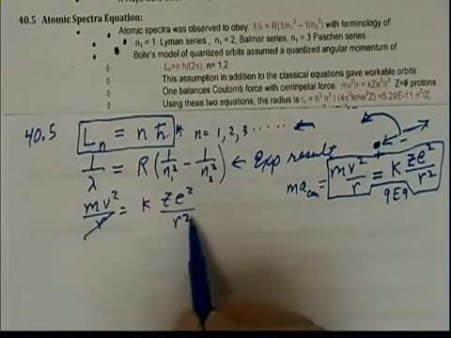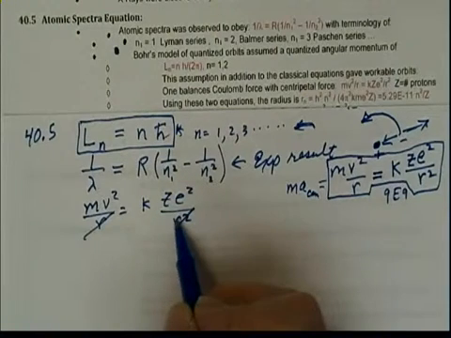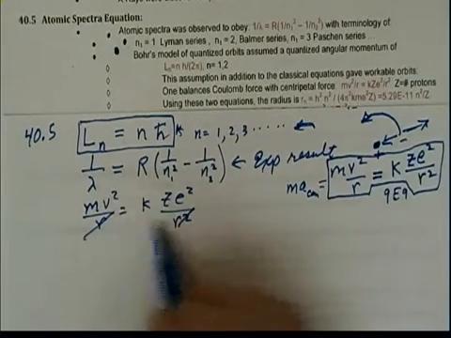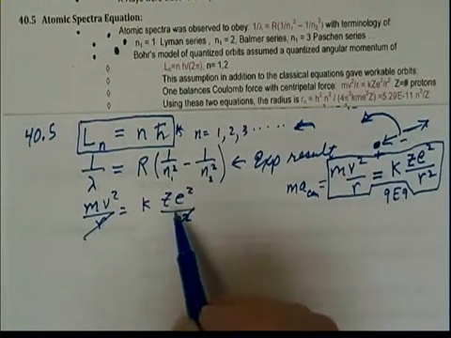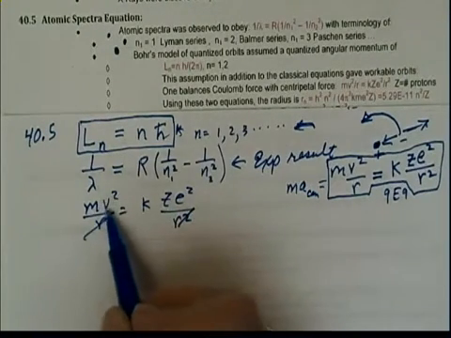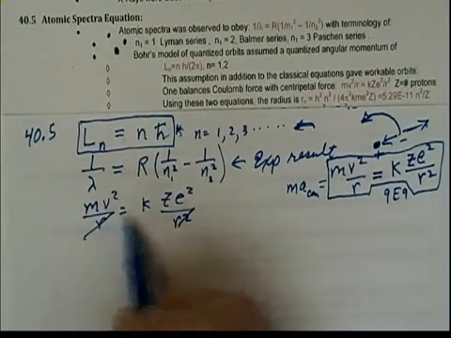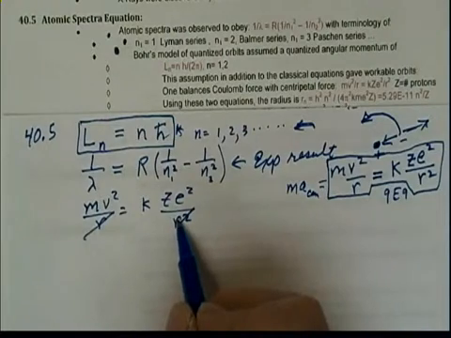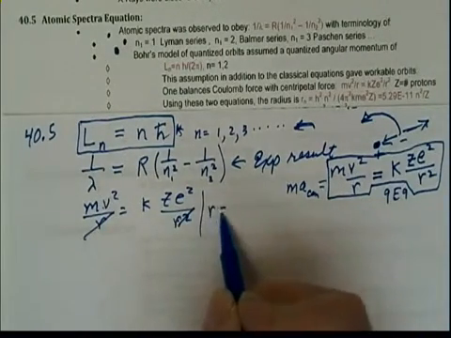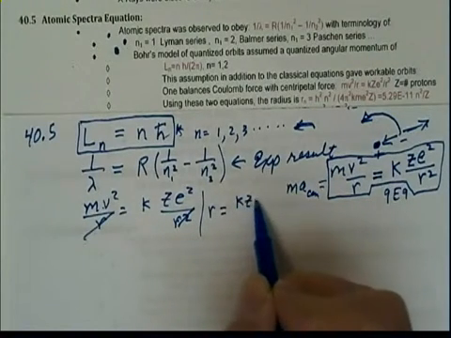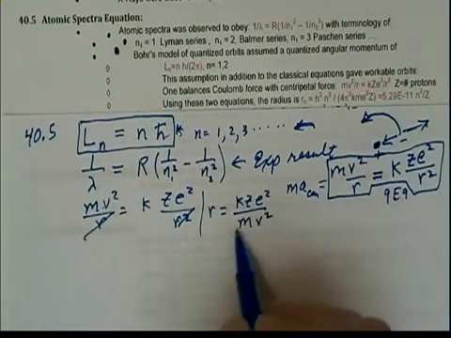And of course, this r here is going to cancel with one of the r's here. And you can solve this for the r that remains. I could actually change that to the momentum by putting another m here, and I'll show you how that goes. Take the r and bring it to this side, so I would then have r is equal to kZe squared over mv squared.